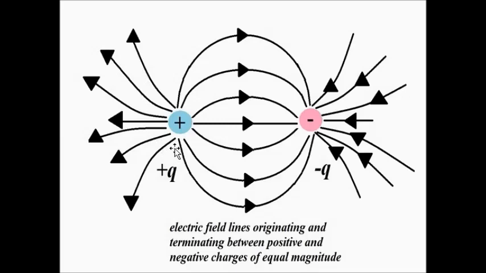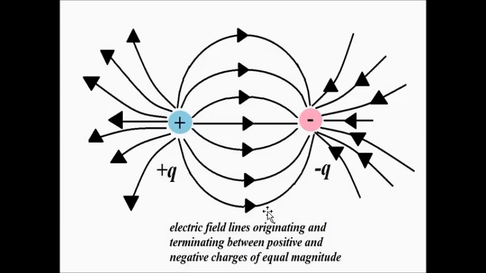The number of field lines associated with plus q is 1, 2, 3, 4, 5, 6, 7, 8, 9, 10, 11, 12, 13. Okay, 13 field lines are originating from plus q. So there will be 13 lines terminating at minus q because they have the same magnitude.